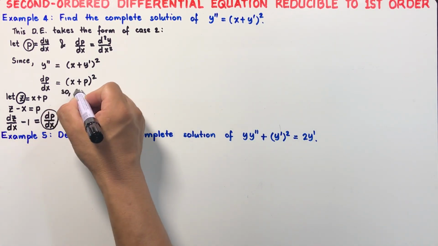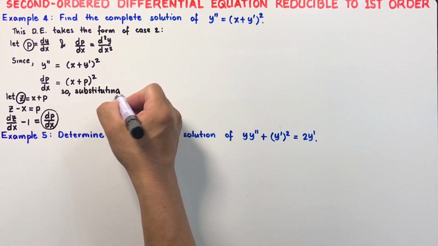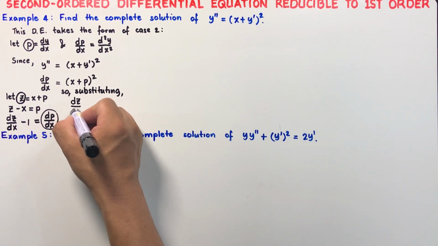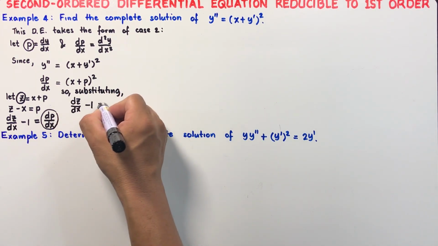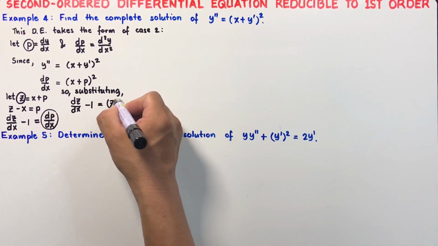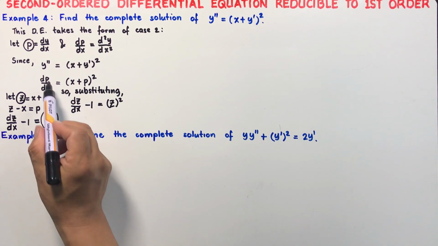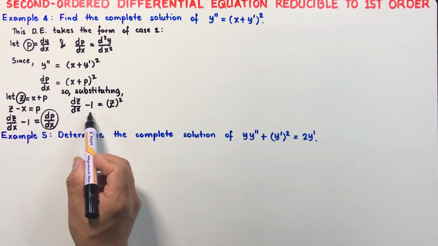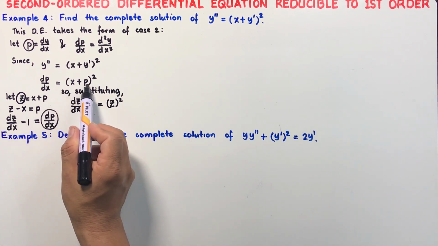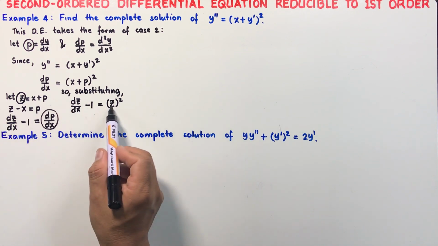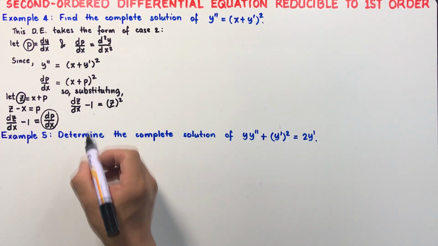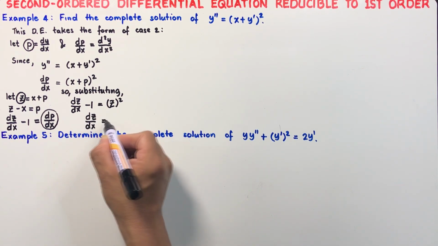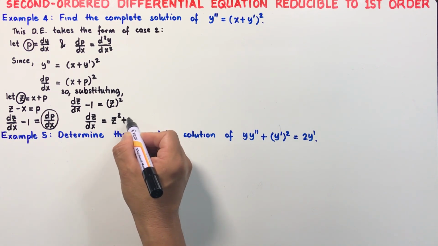So substituting this representation, we have dz dx minus 1 equal to z squared, because instead of writing dp dx, I will write this one here. And instead of writing x plus p, I will write its representation, which is z. So our dz dx is equal to z squared plus 1.